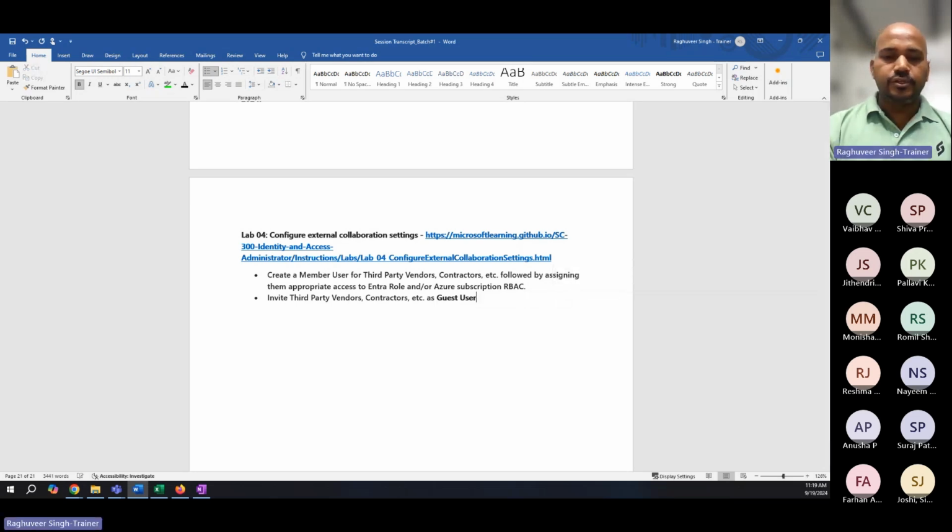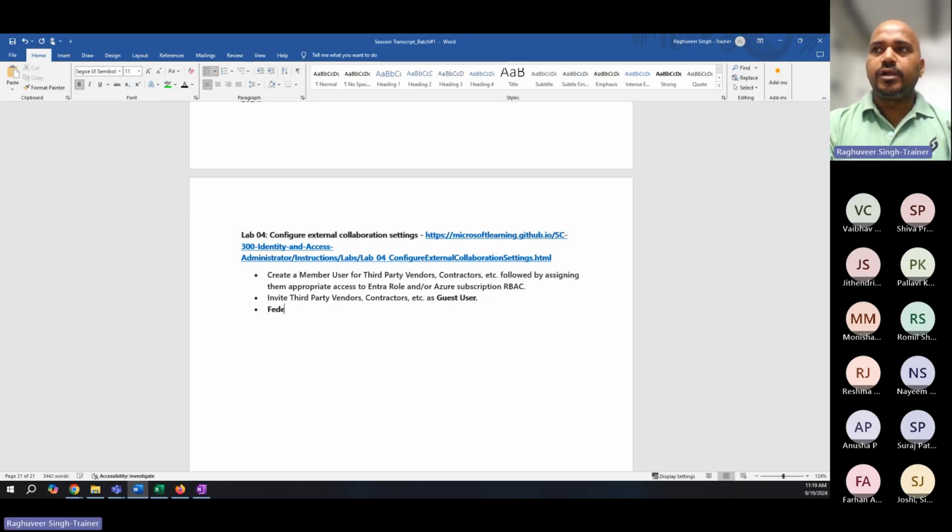That's the other option that you have. You can invite them as guest users. They join your directory, your tenant, as guest users, and then you can provide them appropriate access to your environment. That's another option. However, when they join your environment as guest users, the question is the identity.